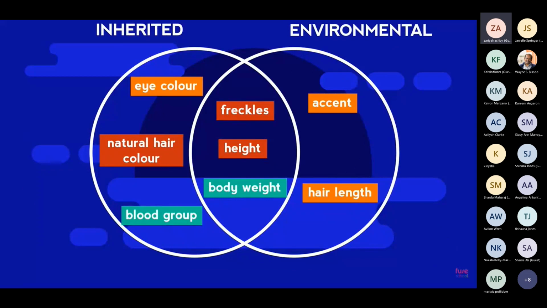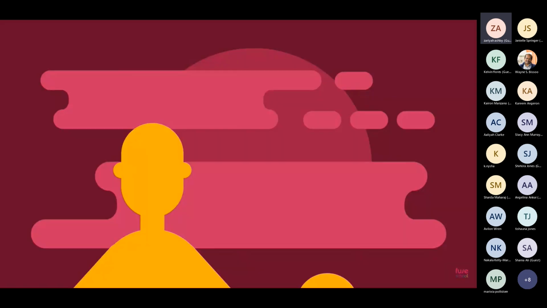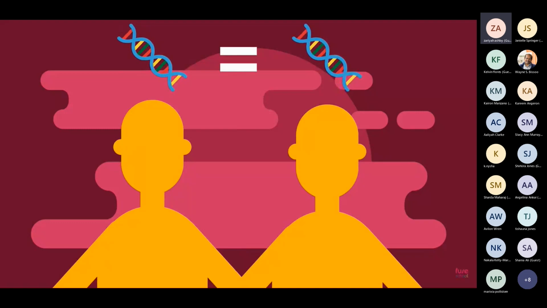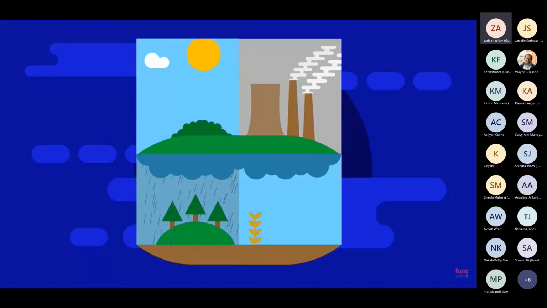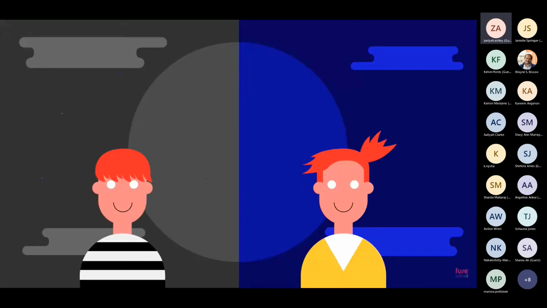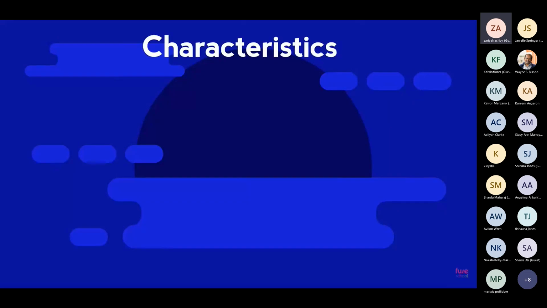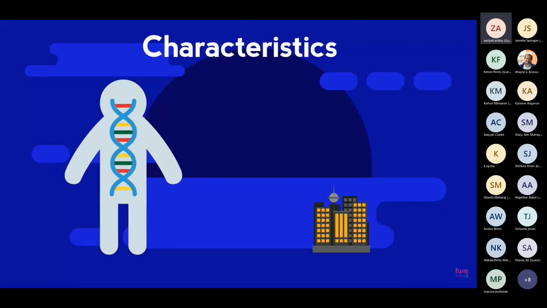The effect of genetics and the environment on characteristics has been researched using identical twins. Can you think why this is? Identical twins have identical DNA, so in theory should have identical characteristics. It follows that any differences between a pair of identical twins could be due to the influence of the environment on their characteristics. In fact, twins often grow up to have very different personalities and preferences beyond their physical similarities. These studies showed that many characteristics are influenced by both genetics and the environment.